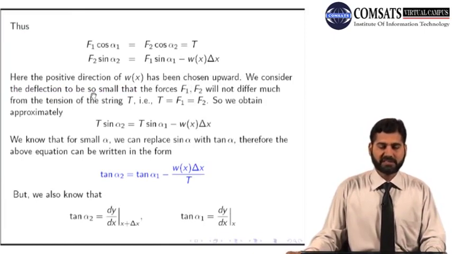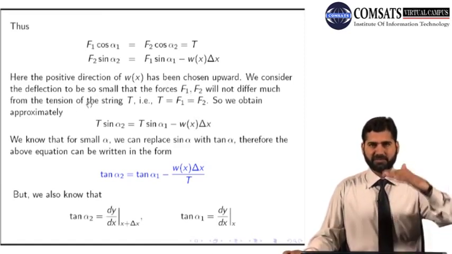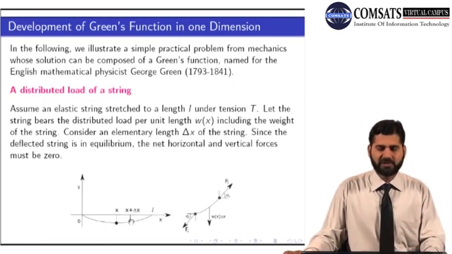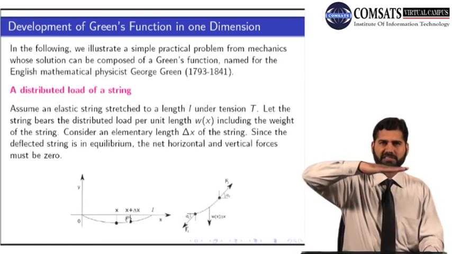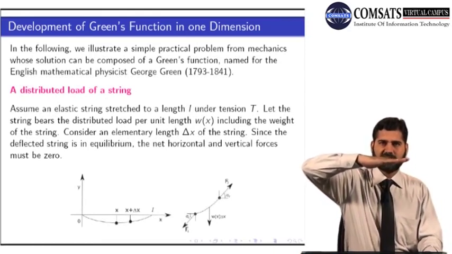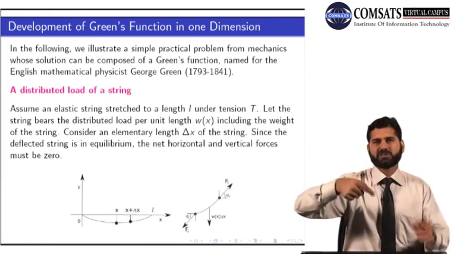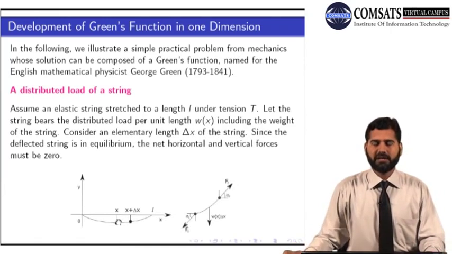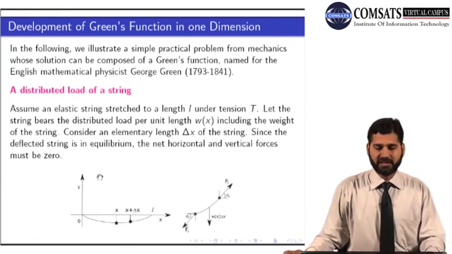We consider the deflection to be so small that the forces F1, F2 will not differ much from the tension of the string. The deflection of the string is very, very small, like this is the string and a little deflection like this. So the forces F1 and F2 can be approximated by the tension force.